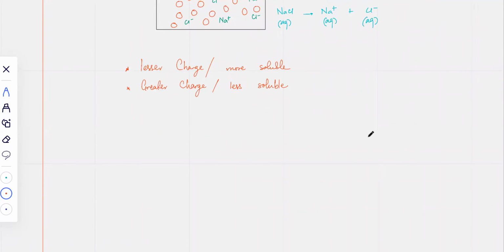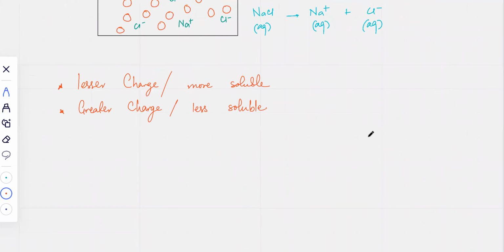But that's the first basic thing. Whenever you see something that has lesser charge, you can guess that it's soluble. Like NaCl is soluble. KCl would also be soluble because +1 and -1, so you can kind of guess that that's soluble.